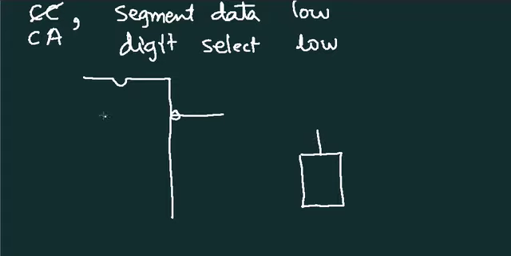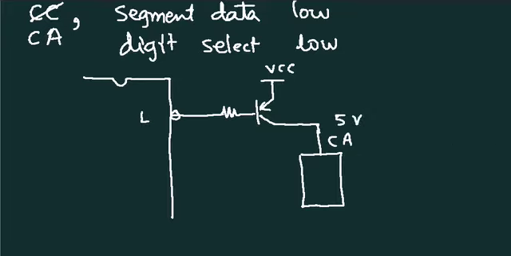So, how do we do this? We connect a resistor and a PNP transistor, whose emitter we connect to VCC, and the collector we connect to the common anode. So, when this goes low, there will be nearly 5 volts here.